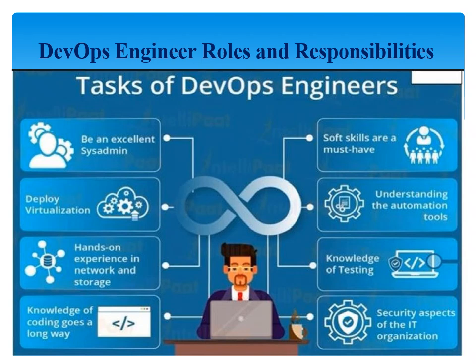Then soft skills are a must have, along with understanding the automation tools, knowledge of testing tools, and security aspects of the IT organization. So the DevOps engineer has to work on these fields. He must be a knowledgeable person in all these technical aspects.